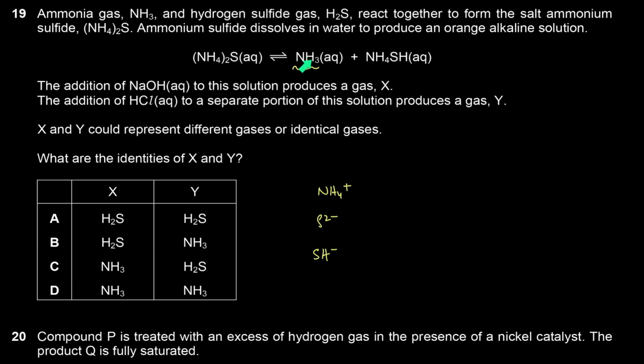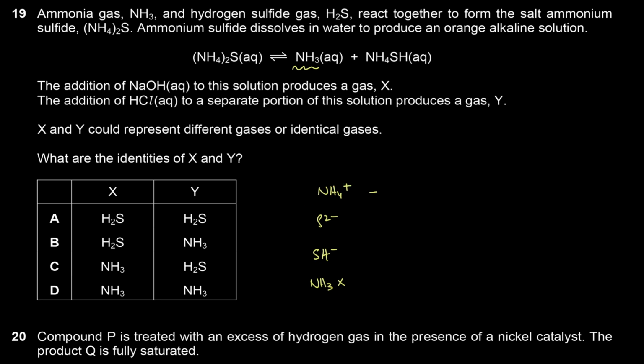Ammonia is obviously alkaline, so it doesn't react with NaOH aqueous at all. We don't really care about ammonia. Sodium hydroxide is an alkali, so which of these species will react with it? We know that ammonium ions will react with sodium hydroxide.